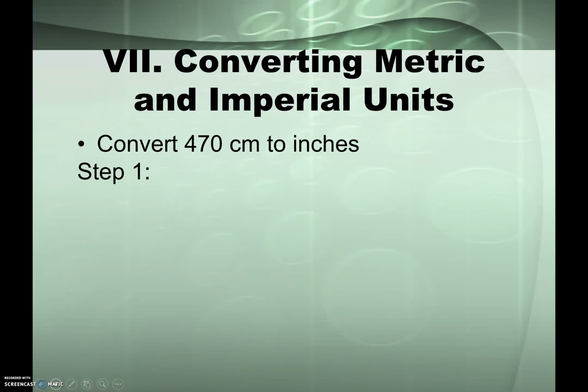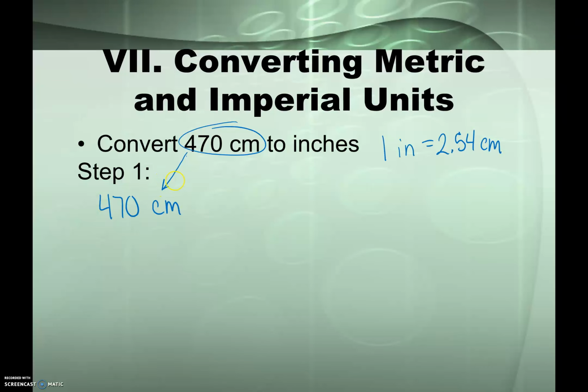Okay. All right. So our first one is to convert 740 centimeters to inches. And if you look at your conversion chart, we know that 1 inch is equal to 2.54 centimeters. So if we're starting with 470 centimeters, this is our step 1 because that's what's given to us.